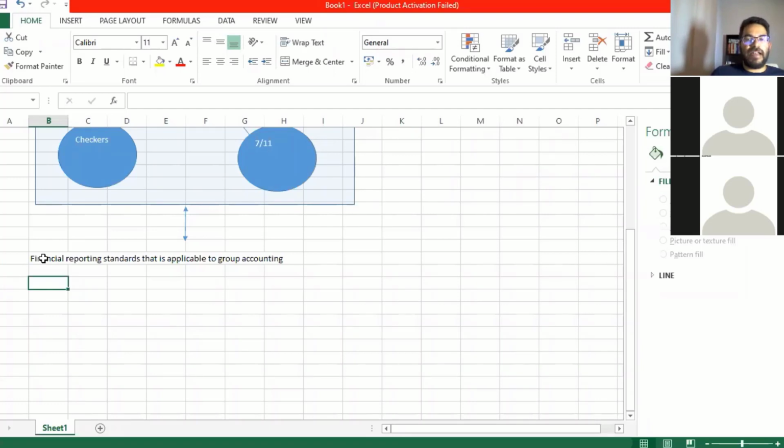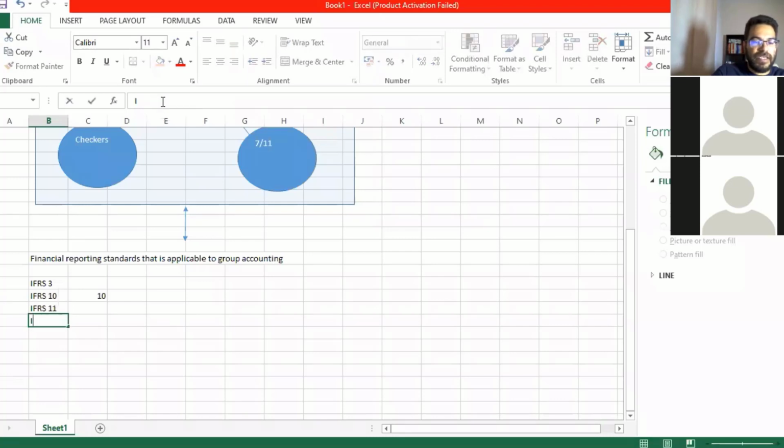There are quite a few standards that are applicable with group accounting. So I'm going to list them over here. The first one is IFRS 3. We'll go through each of them soon. The second one is IFRS 10. The next one is IFRS 11.